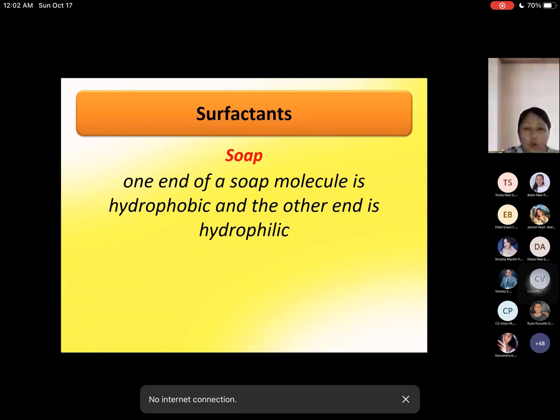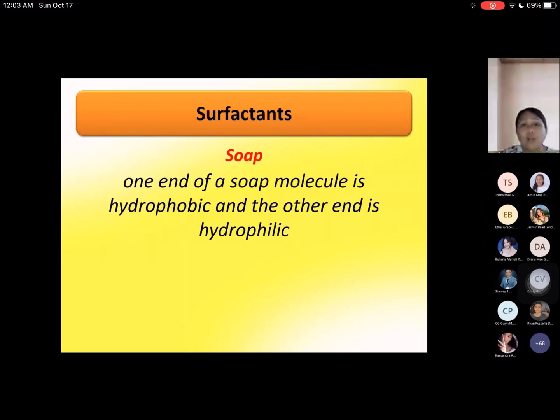When you say hydrophobic, they hate or fear water, and the hydrophilic end loves water. So soap, which is one example of surfactants, has little value as an antiseptic, but it does have an important function in the mechanical removal of microbes through scrubbing.